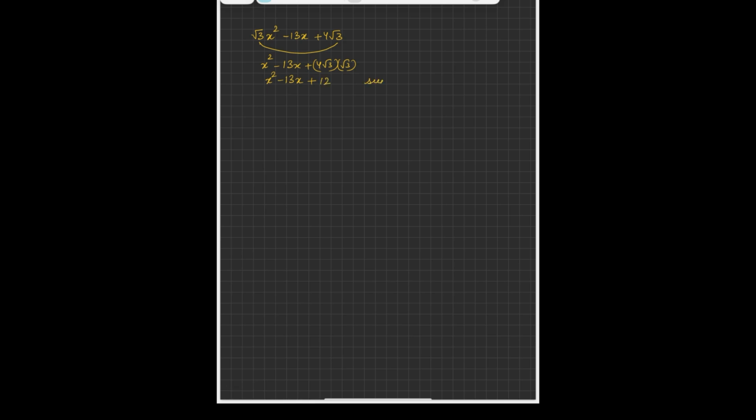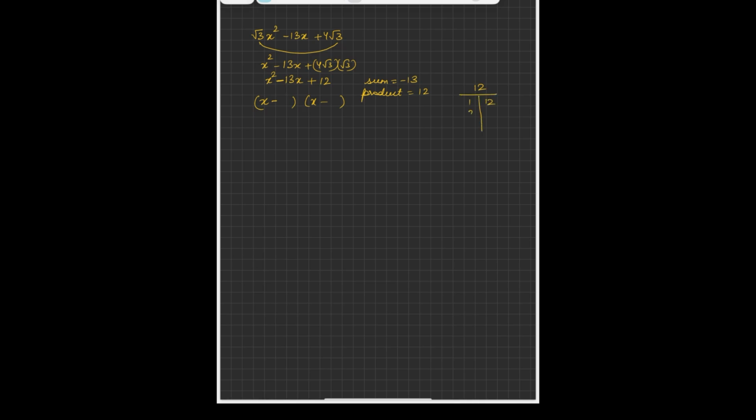Now our sum should be minus 13 and our product should be plus 12. So since the product is plus and the sum is negative, both the numbers will be negative. So let us find the factors of 12.